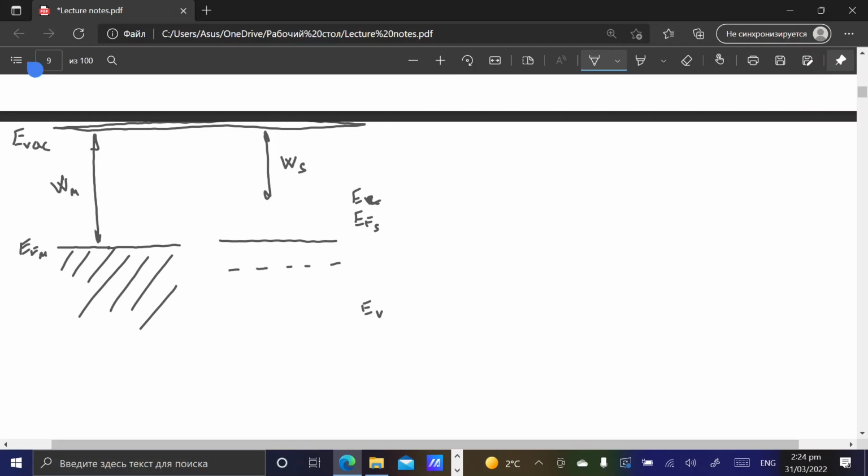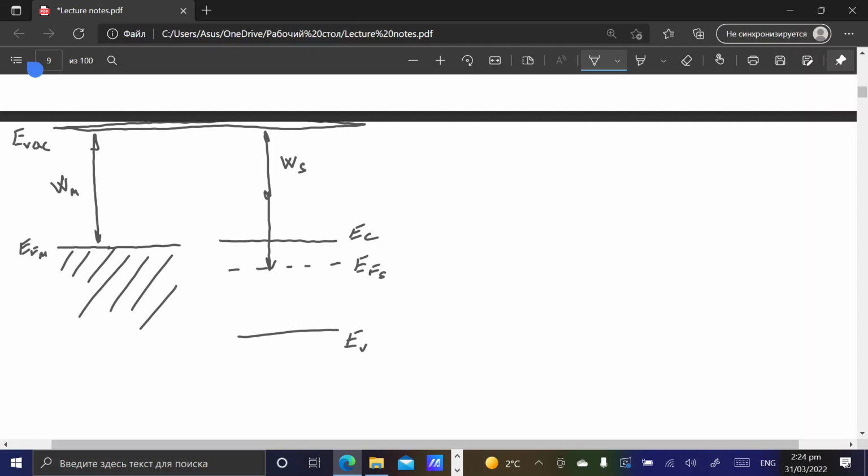Here is the Fermi energy level, and here is the valence band, EV, EFS, and this is EC. Okay, now the work function of the semiconductor is larger, so it will finally be opposite from the previous case.